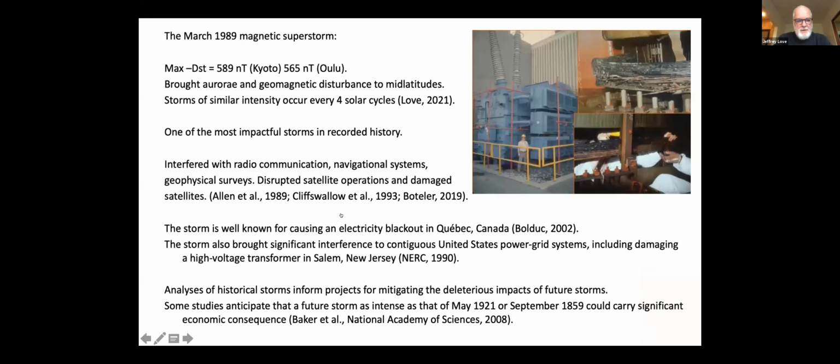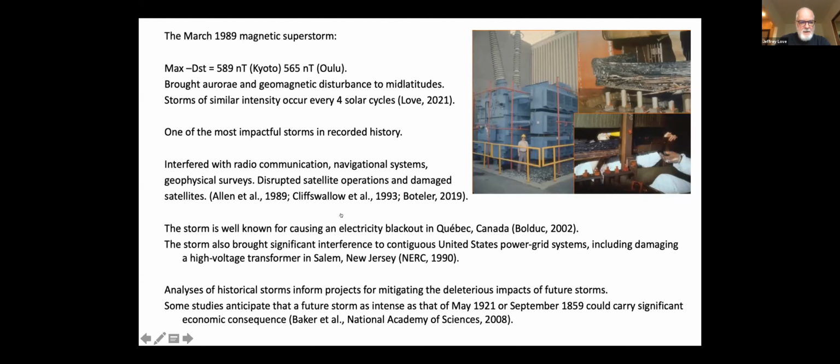All right, so I'm going to focus on the March 1989 magnetic superstorm. It's one of the most intense storms ever recorded, not the most, but it is certainly the most impactful storm that the Earth has ever experienced. If you're interested in magnetic indices, it had a very large negative DST value.